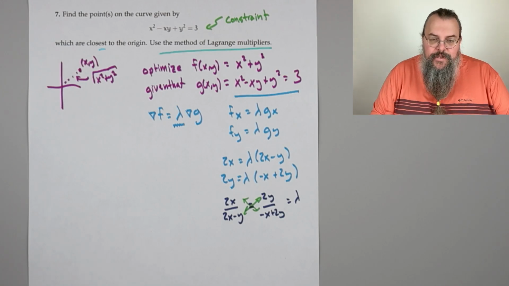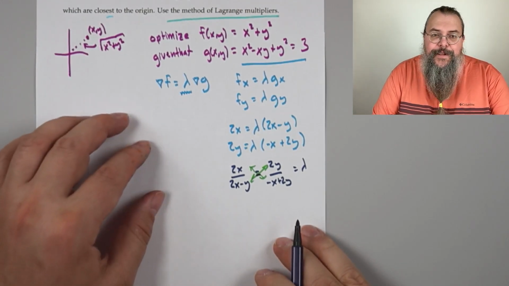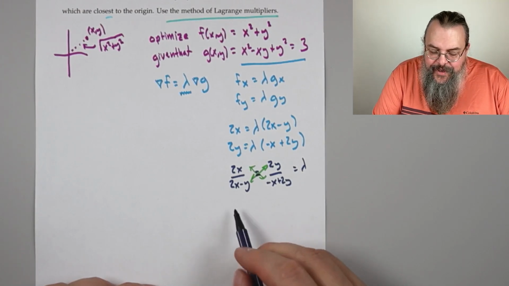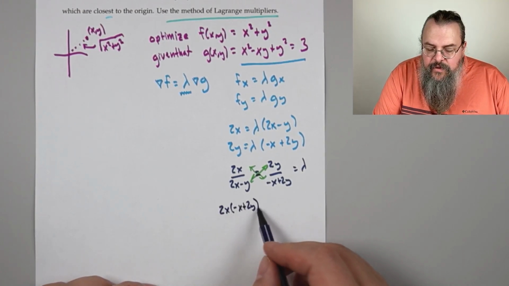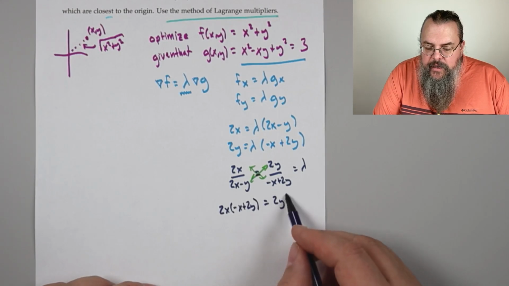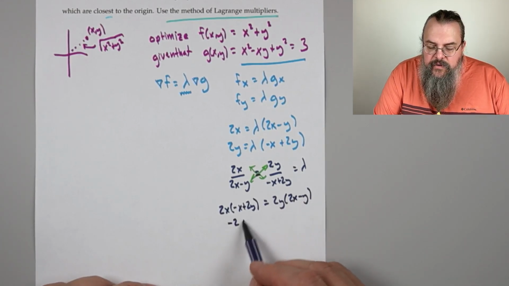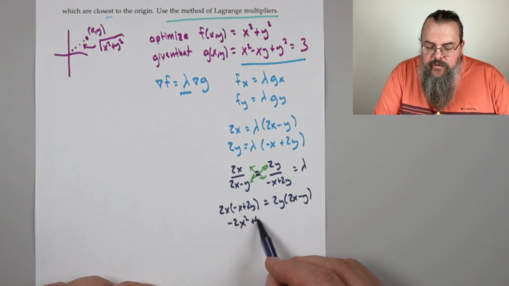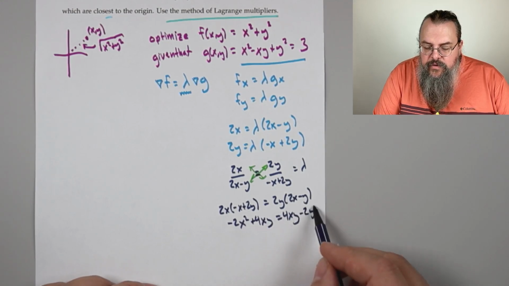What do we get? I'm leaving myself an awful lot of space here, aren't I? But we have 2x times minus x plus 2y is 2y times 2x minus y. And so that's minus 2x squared plus 4xy equals 4xy minus 2y squared.